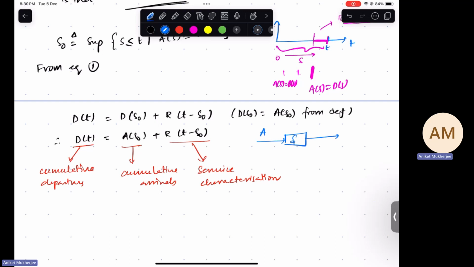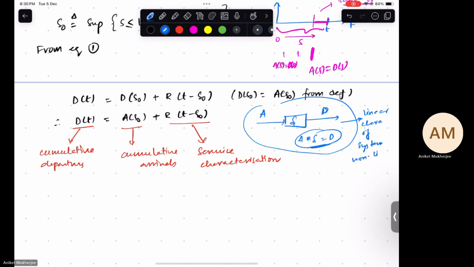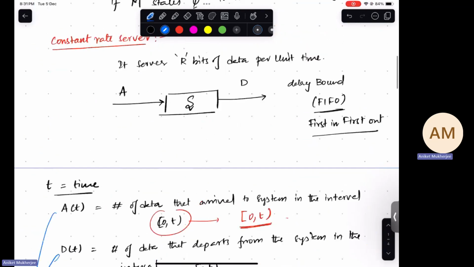So if you send A to a server S, you get an output D. Could I write this as A convolved with S equal to D, something of this form? Could I do this linear characterization of systems which are non-linear? Can I find a different definition of convolution where the system will become a linear system and I can use its properties?